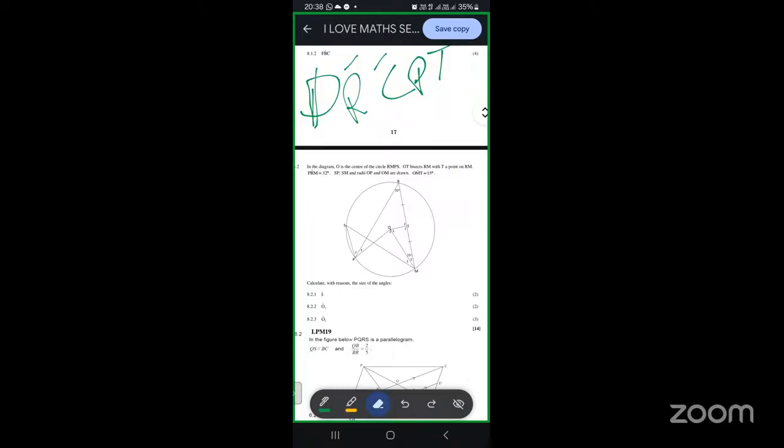So I was asking you guys if there exist some parallel lines in the diagram that we are having on the screen.